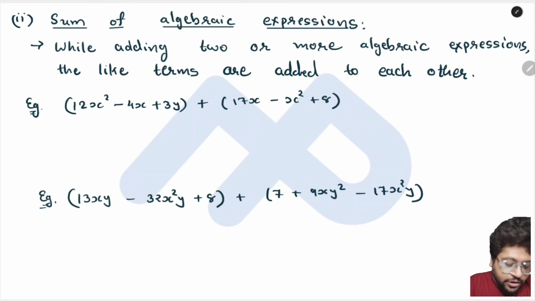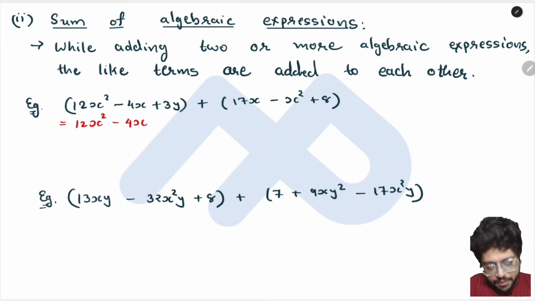So first thing, open the brackets, and while opening the brackets, when you are adding the terms, it's very easy, because if there is no sign before the bracket, that means it is considered as a plus sign, and whenever there is a plus sign before the bracket, while opening the bracket, you don't change the signs of any term, so all the terms remain as it is.